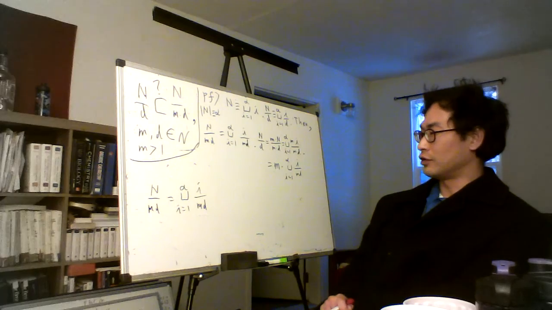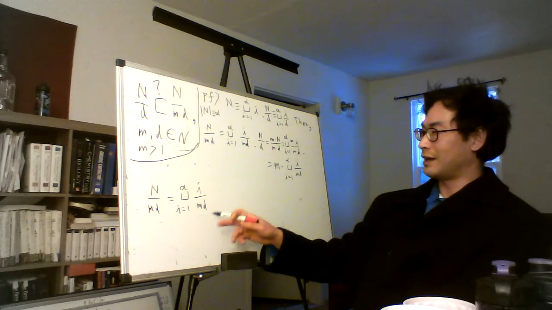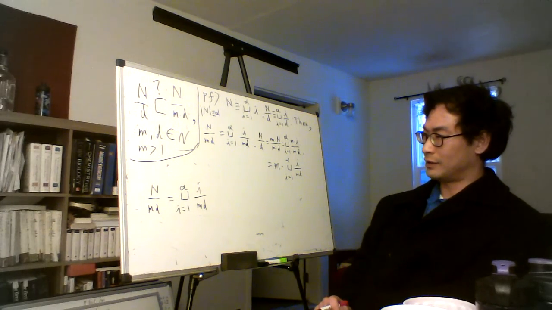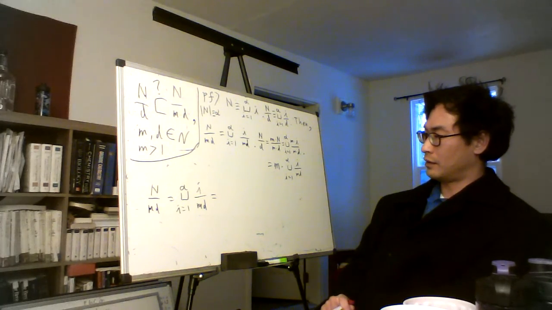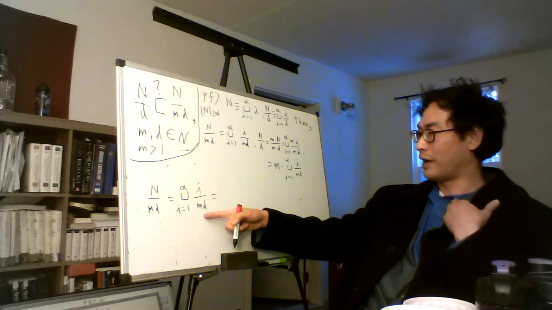I is just a natural number. We're going to categorize I in terms of n. I can be a multiple of n.